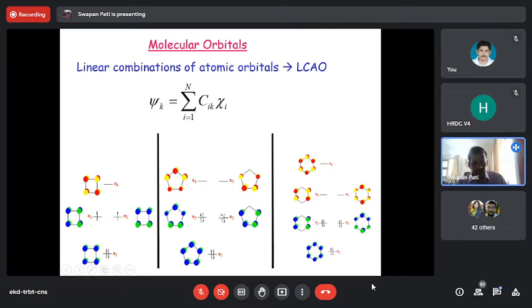So 6 electrons can be put like this. For benzene, you have the ground state, pi 1, then pi 2 and pi 3 are degenerate, pi 4 and pi 5 are degenerate and empty, and pi 6 is non-degenerate at the highest energy. So 6 electrons can be placed here, and this is aromatic.